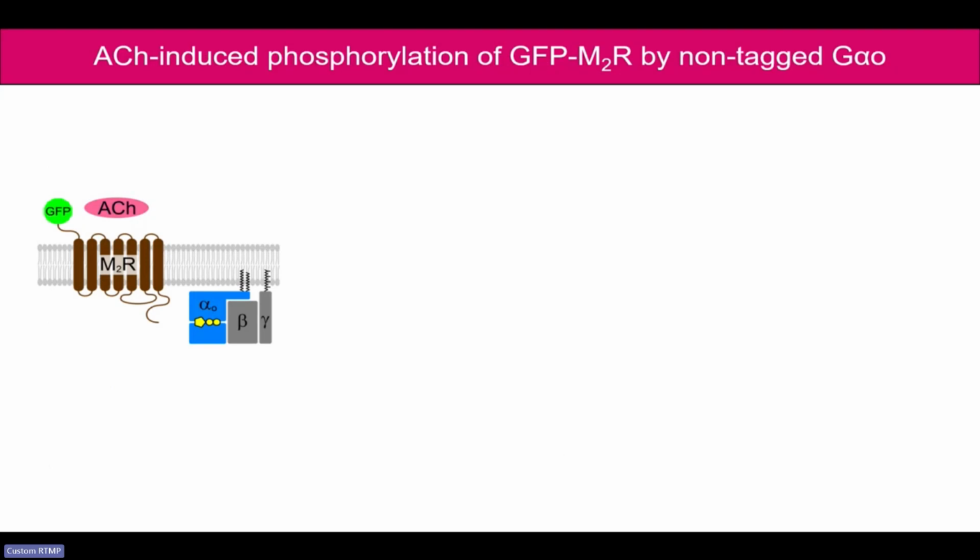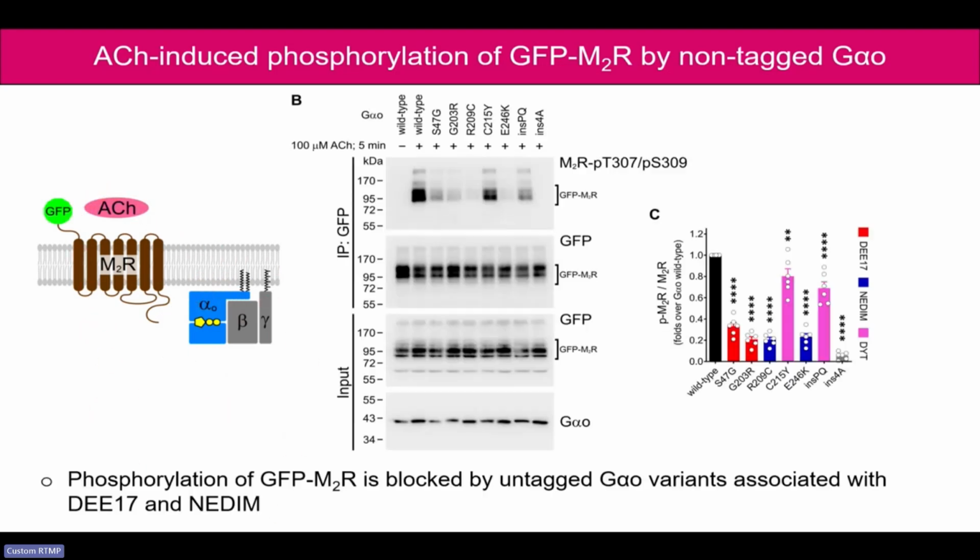And now, the last control that we did, just to confirm this phenotype, is to use a construct that has no tag intracellularly, because you have to avoid that the tagging of the proteins might interfere with the signal. So we use this GFP-tagged receptor with untagged G-alphas, and we repeat the same experiment.